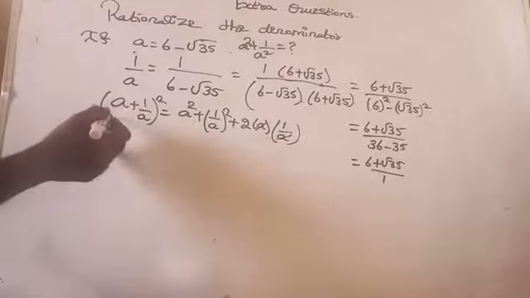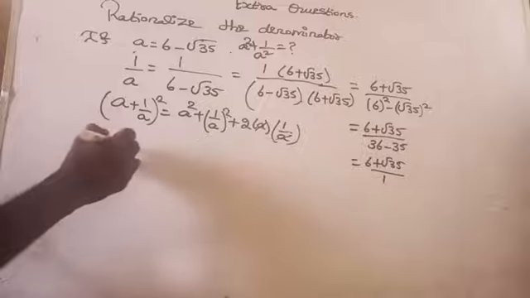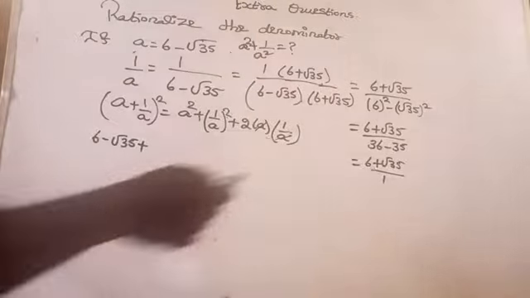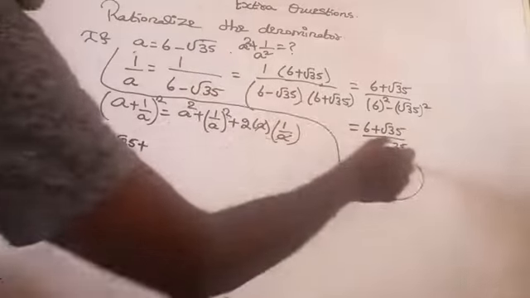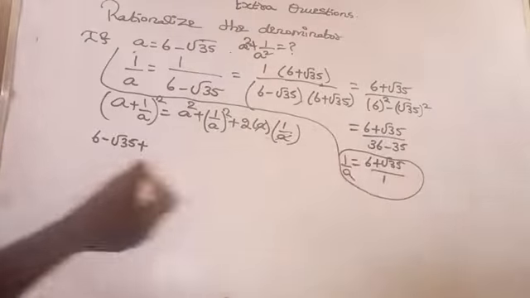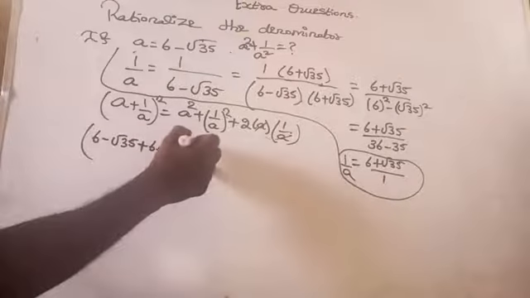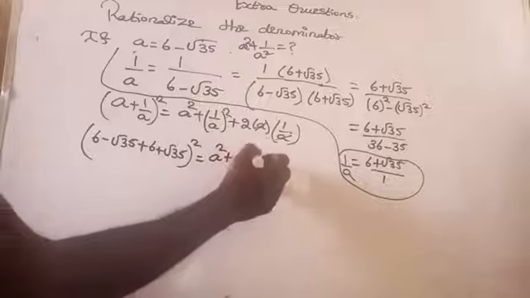So just substitute the value of a as well as b. The value of a is 6 minus root 35, and the value of 1 by a is 6 plus root 35. So 6 plus root 35 the whole square, which is equal to a square plus 1 by a square plus 2.